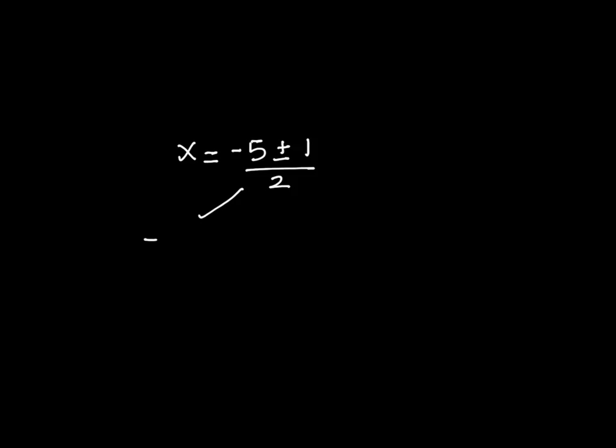Now we're going to separate them. That's equal to negative 5 plus 1 divided by 2, and the other one would be negative 5 minus 1 divided by 2. So negative 5 plus 1 will give you negative 4, and then you divide it by 2.